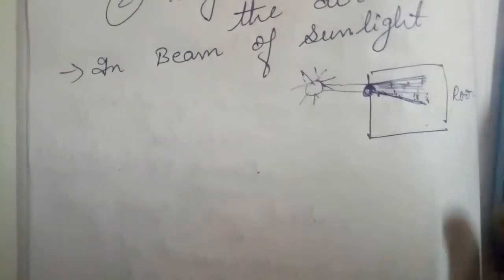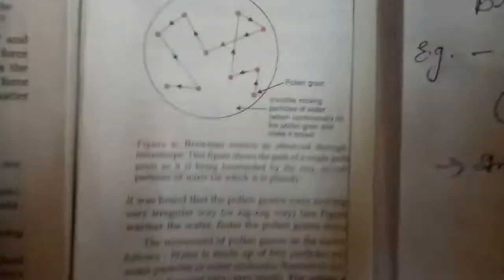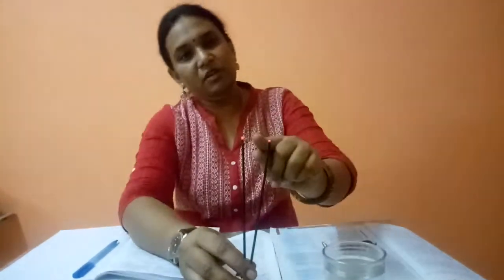Now here I will light an agarbatti. Now you can see I have lit the agarbatti, and here you can see the vapors of the gases. The gas, that is carbon dioxide gas, is moving in the upper direction.